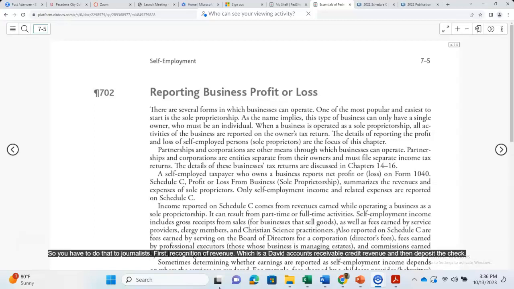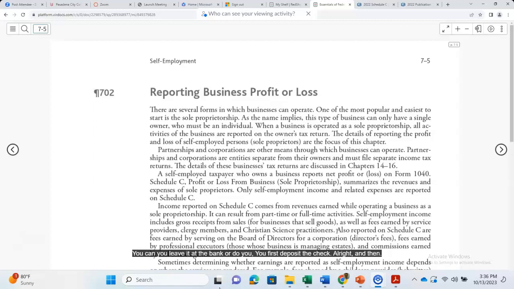First, recognition of revenue, which is debit accounts receivable, credit revenue, and then deposit the check. As soon as you deposit the check, the journal entry is debit cash, credit accounts receivable.